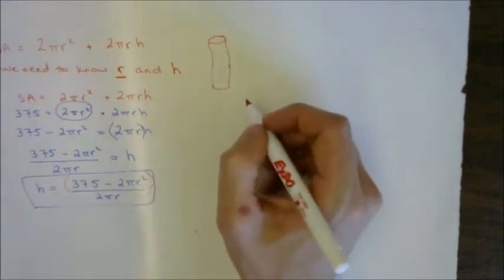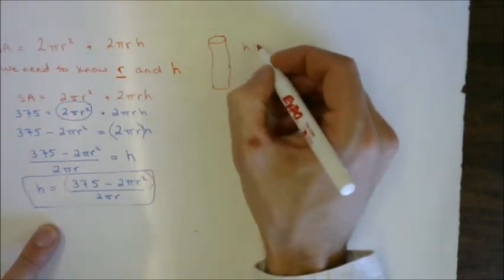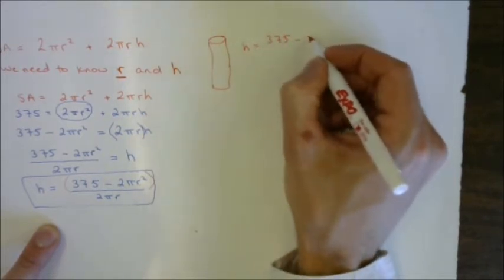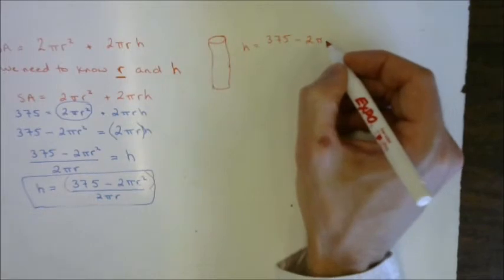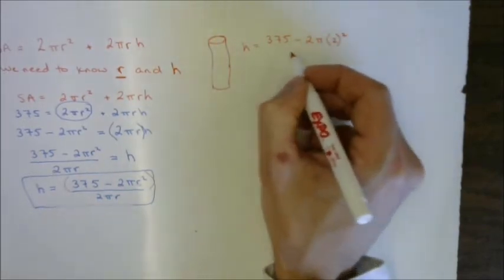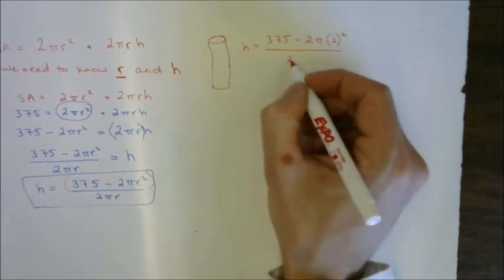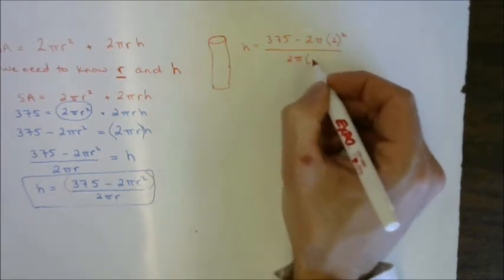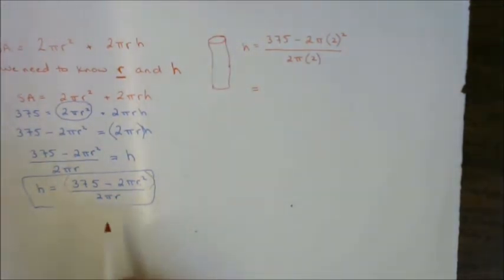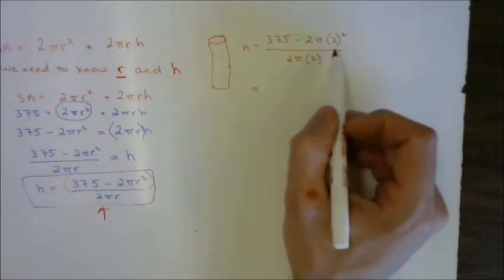Well, let's go ahead and find out how tall. h equals, just using our formula, 375 minus 2 pi r squared over 2 pi r, but what's r? 2. r is 2. That's our formula. We derived that formula right here. So we subbed in the radius of 2.